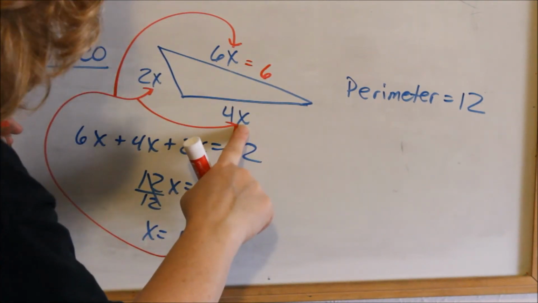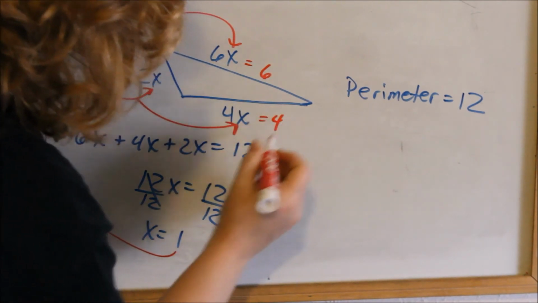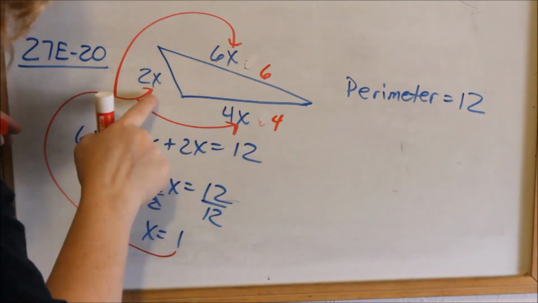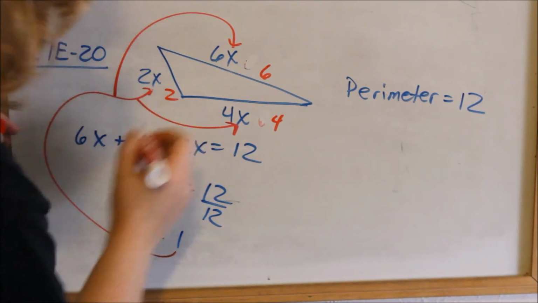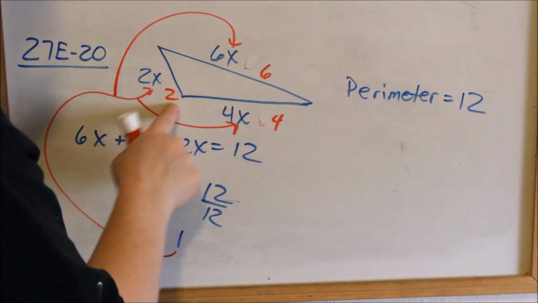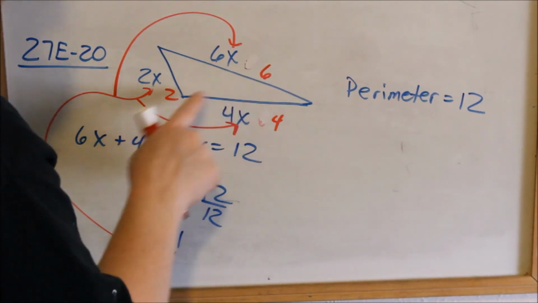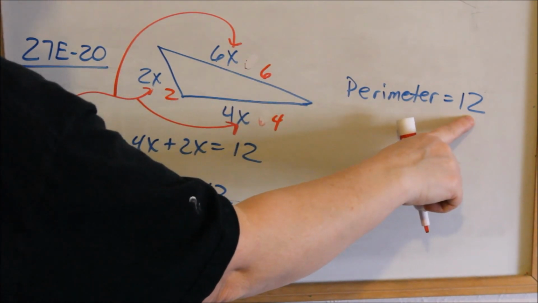If I put a 1 in here for x, 4 times 1 is 4. If I put a 1 right here for x, 2 times 1 is 2. So if the lengths of my sides were 6, 4, and 2, 6 plus 4 is 10, 10 plus 2 is 12, and that proves my perimeter is 12.